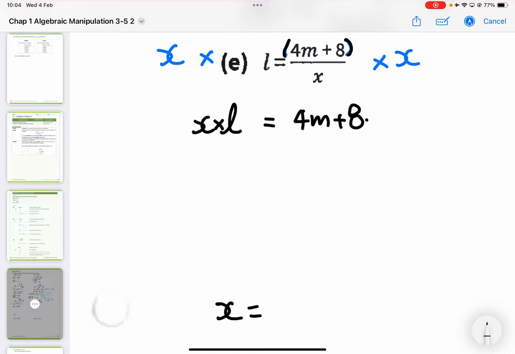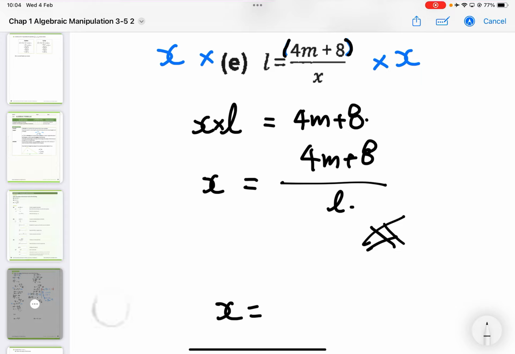Yes, you divide by L. You divide the entire right hand side by L. Answer. Can follow? Naeem, understand?